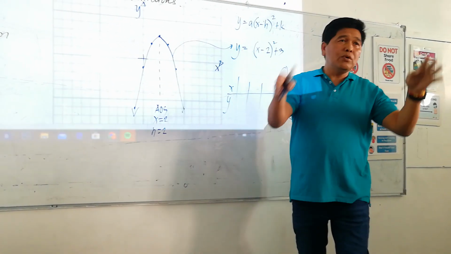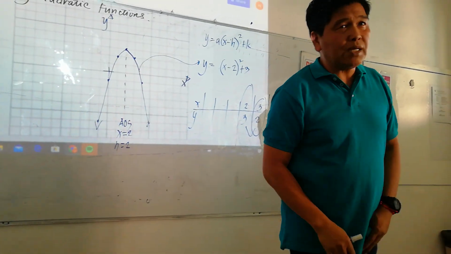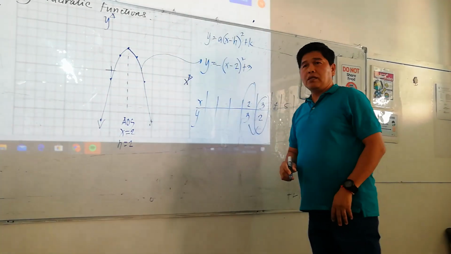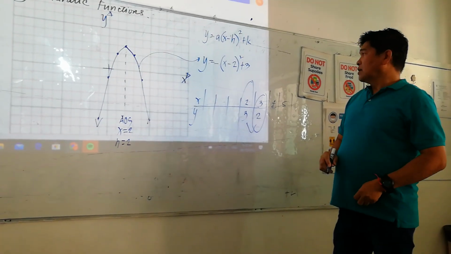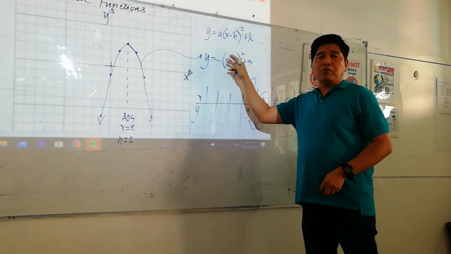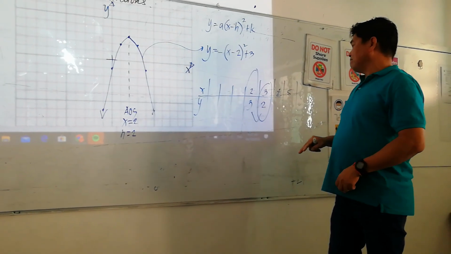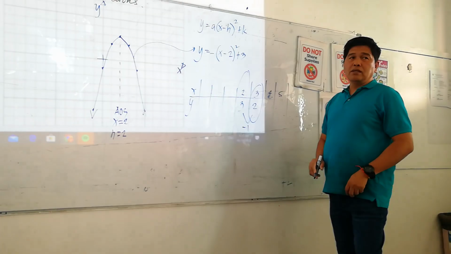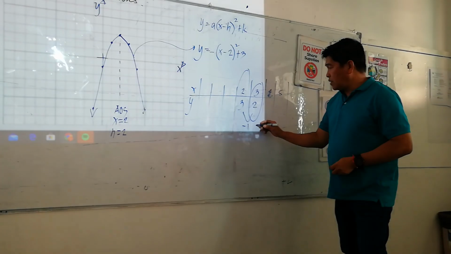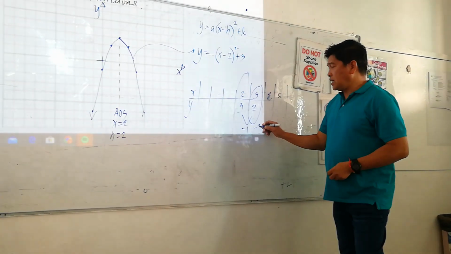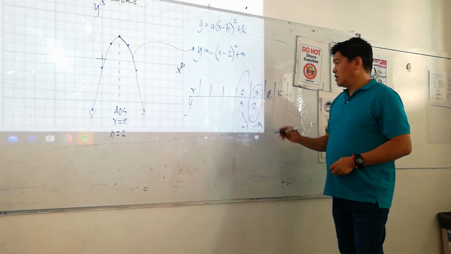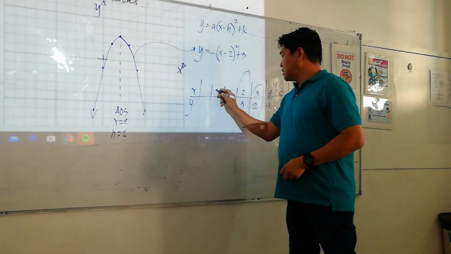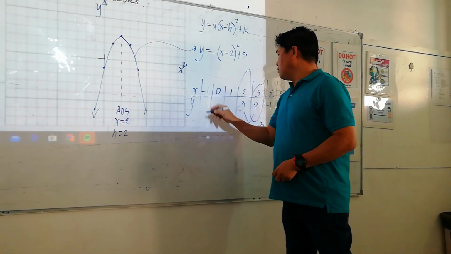Since the parabola opens downward, the value of a must be negative. So this must be negative 1, or simply write negative. So our equation is negative (x minus 2) squared plus 3. So therefore, this is minus 1. Minus 1 times 2 minus 3, negative 1. 1, 0, and then negative 1.